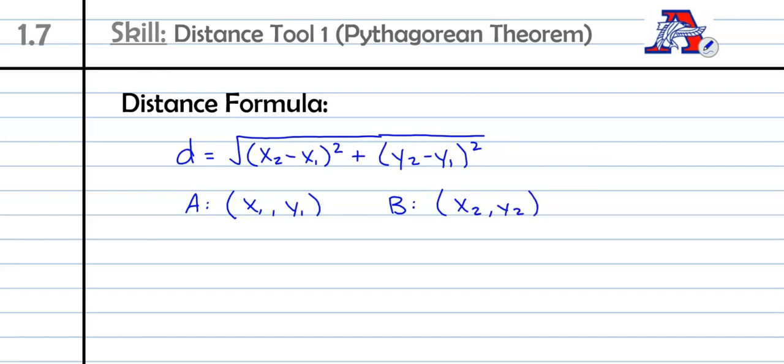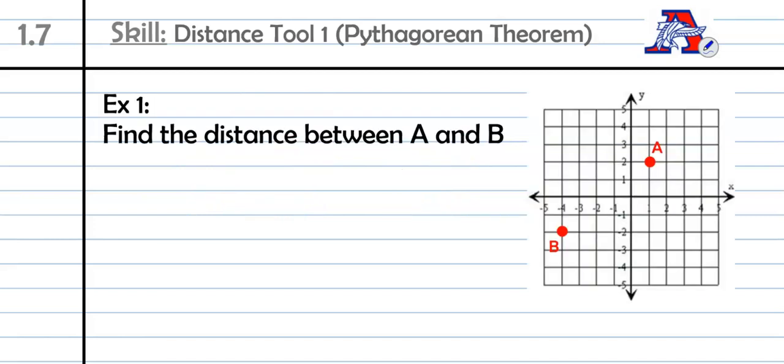Okay, so you can decide what you like better. If you like the distance formula better, if you like Pythagorean theorem better, they're both tools that can be used to perform the exact same job. So actually, I'm going to use the same 2 examples I used in the 1.6 lesson. We're still going to be finding the distance between point A and B, but this time we're going to use the distance formula instead of the Pythagorean theorem.